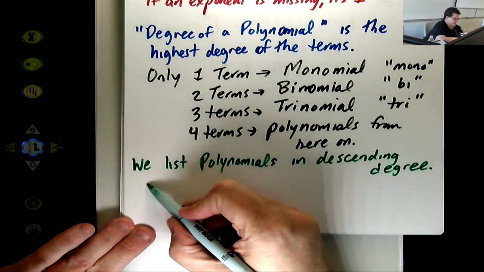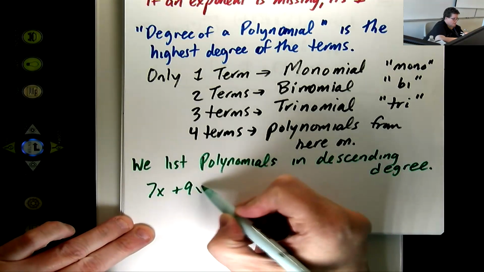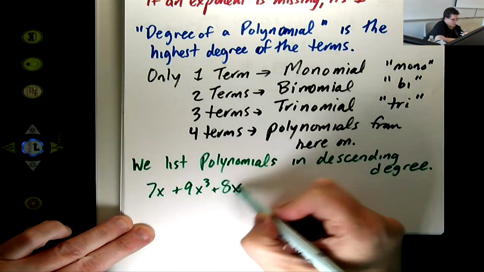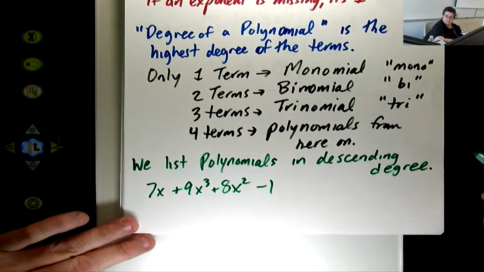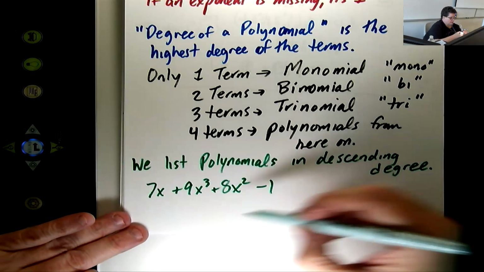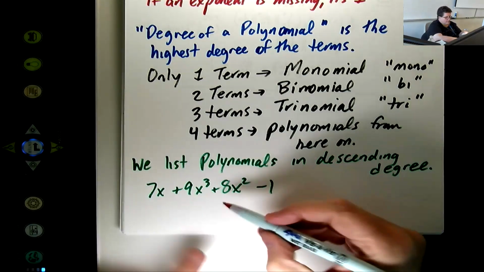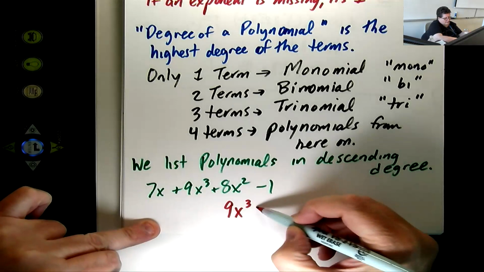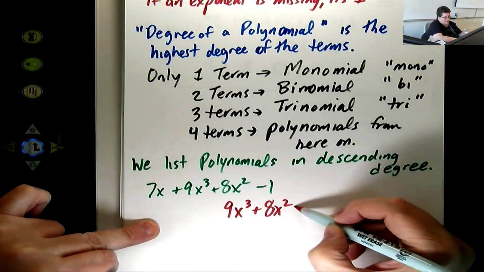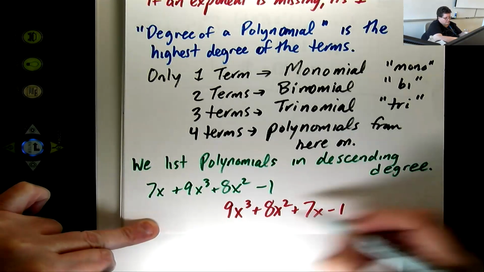If I had 7x plus 9x cubed plus 8x squared minus 1, the appropriate way to write this is you start with the highest exponent: 9x cubed plus 8x squared plus 7x minus 1.